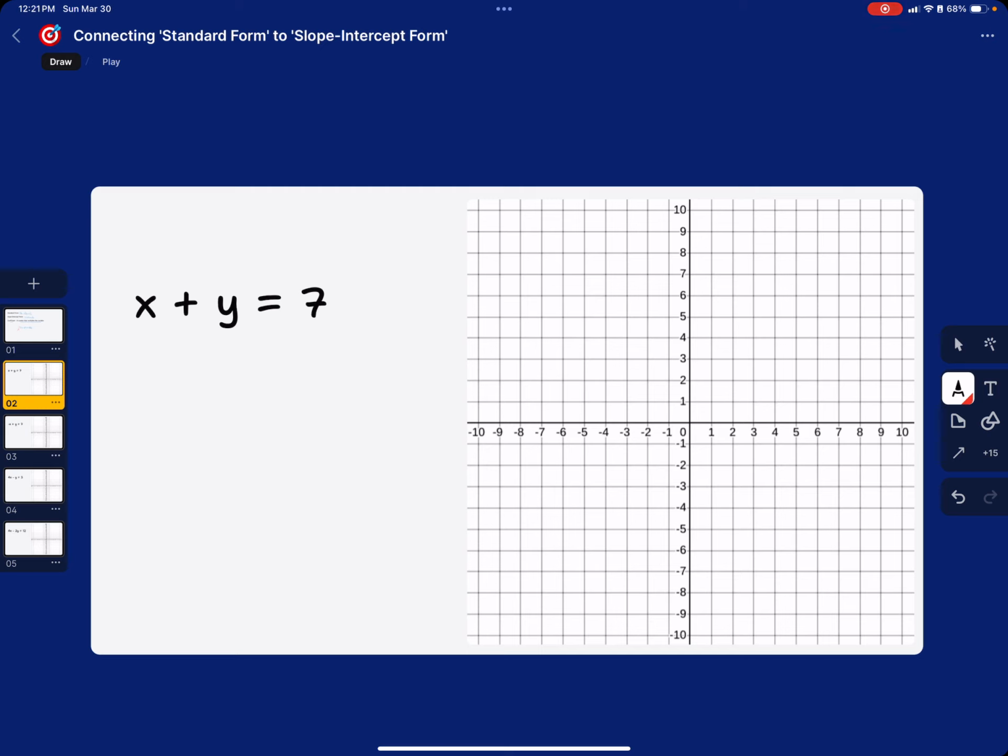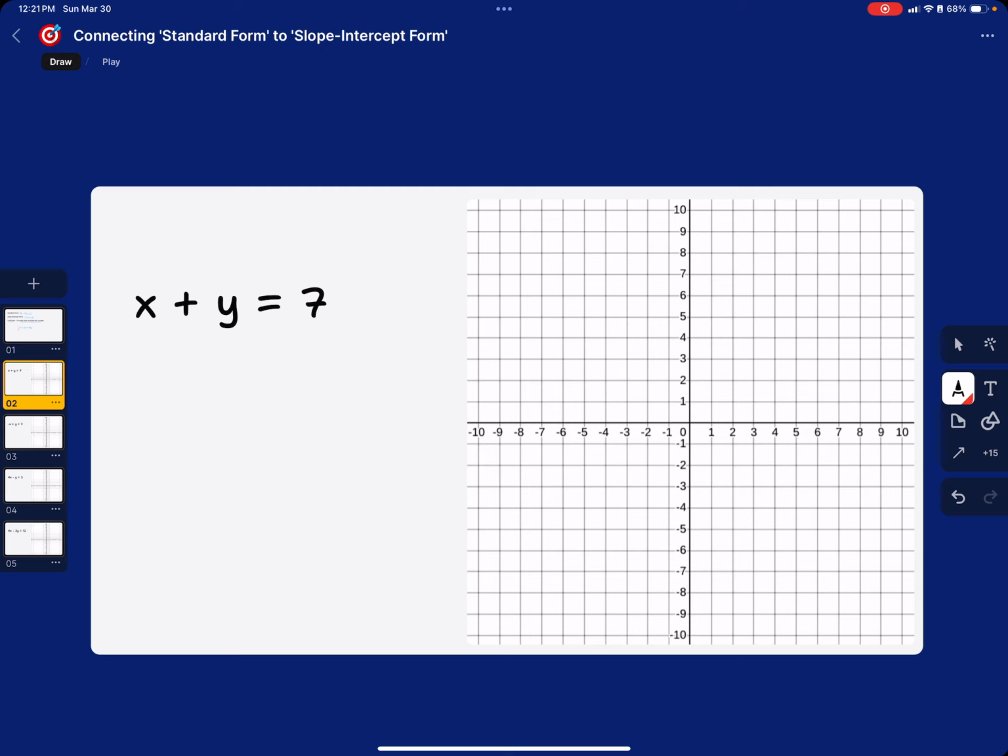So let's take a look at our first example. Here we have an equation, x plus y equals 7, and as we can see, this is written in standard form. We want to rewrite it in slope-intercept form, so we want to use our inverse operations. We want to get the positive y isolated or alone. Right now there is a positive x next to it, so we want to think opposite.